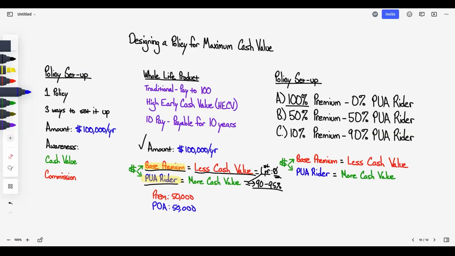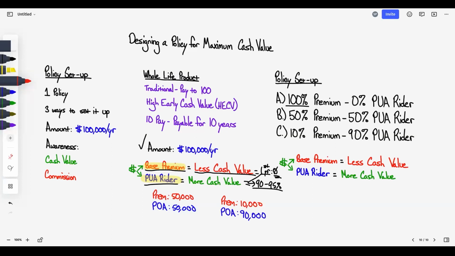The lowest we've ever gotten it is right around 3 to 3.5%. But what that would look like is this. 10% means $10,000 is directed toward the premium. And then if it's 90% PUA, you guessed it, $90,000 toward the paid up additions rider.